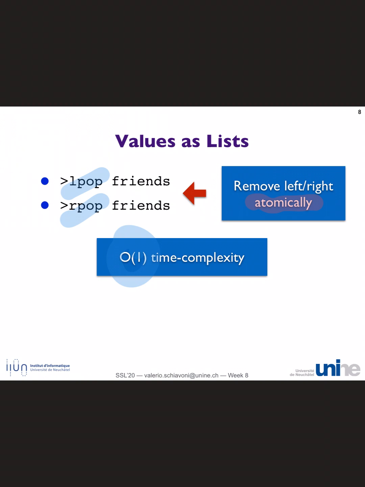It means that if there are multiple threads or multiple queries being issued to remove elements from those lists, then the system guarantees that there are no race conditions between those threads, that they are not left in an incoherent state, and that the system remains usable and behaves in an expected manner.